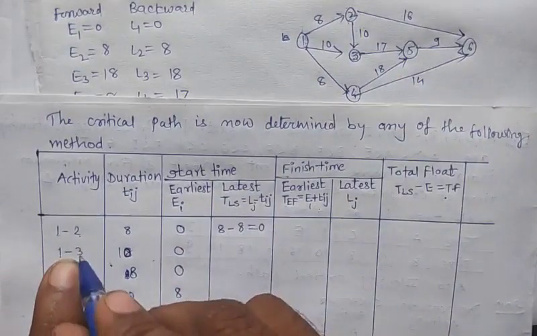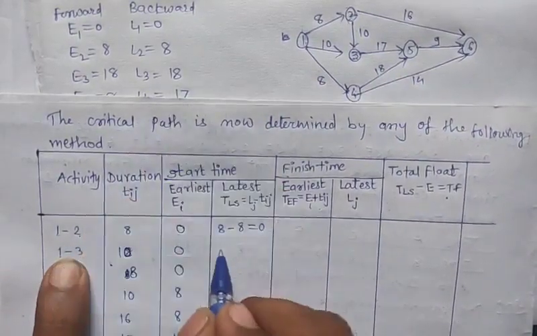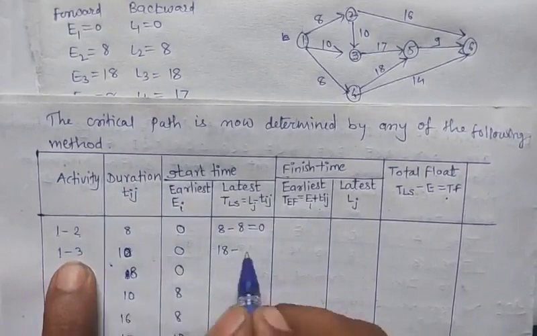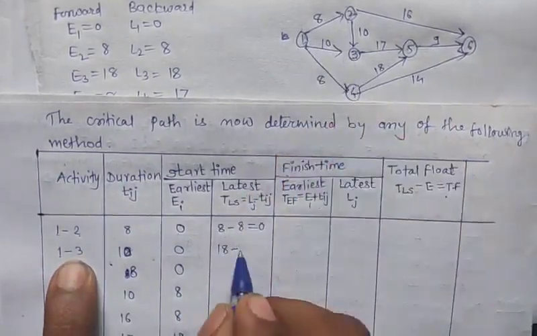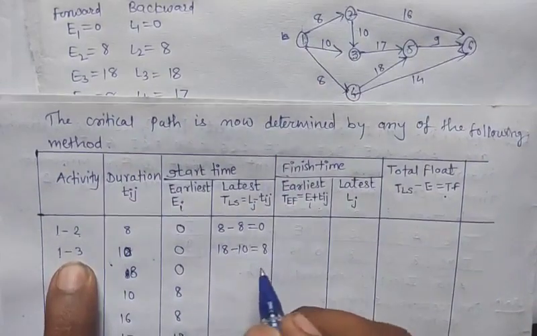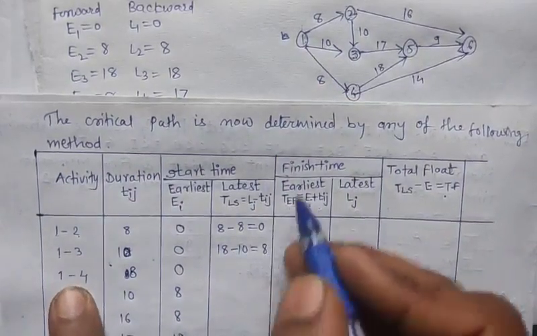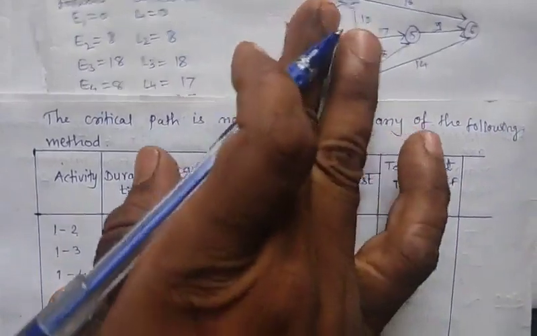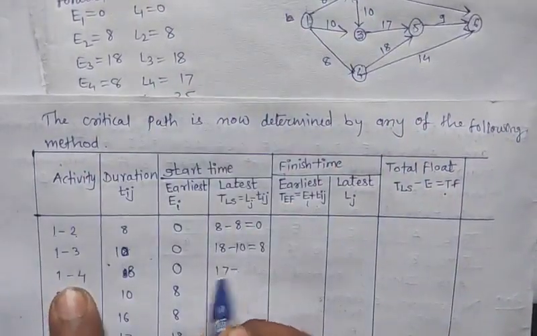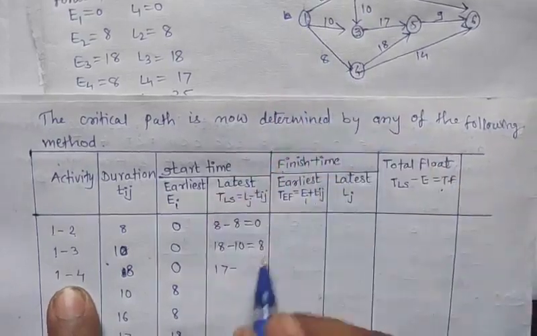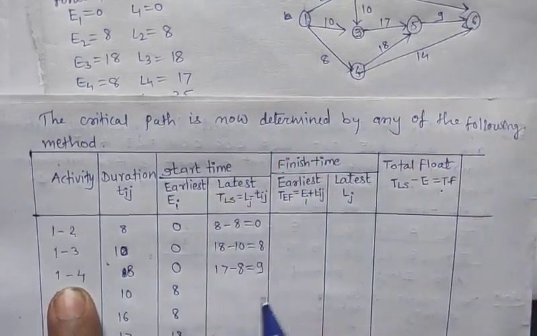Next, the value of L3 is 18 minus T13, so T13 is 10, which is equal to 8. Next, the value of L4 is 17 minus T14 which is 8, equal to 9.